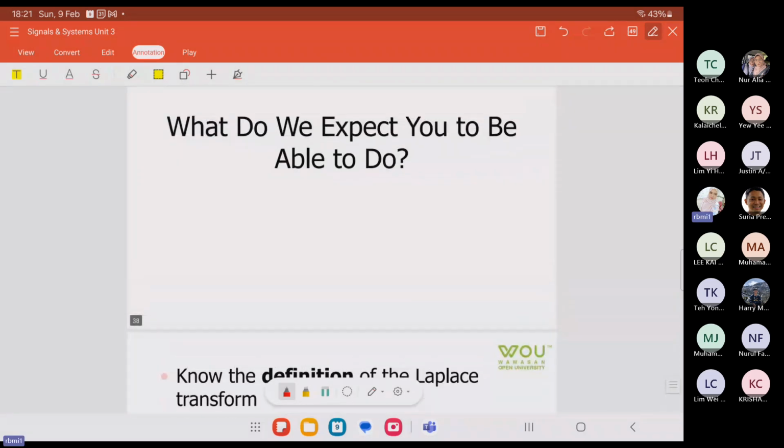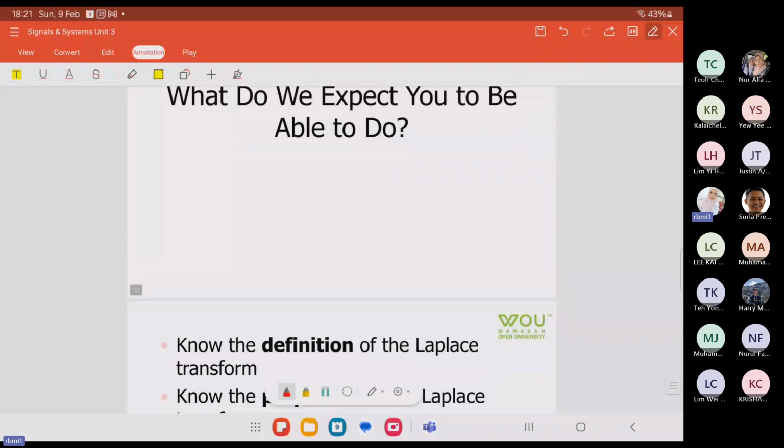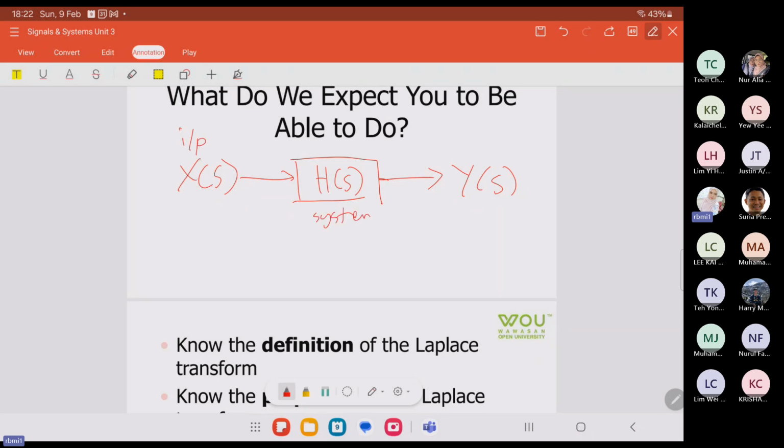Okay, what do we expect to be able to do? For system realizations, normally we can apply this Laplace transform. Let's say we have a system. For one system, there must be an output. For that, we need an input. So we have X as the input, this is the system, and this is the output.